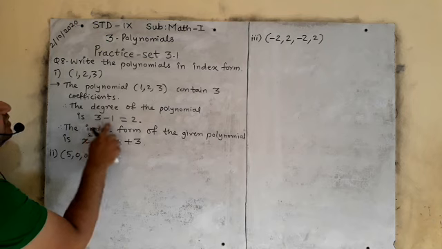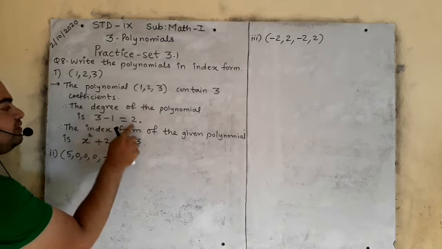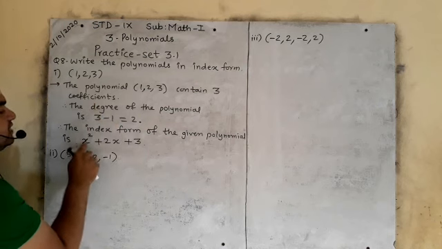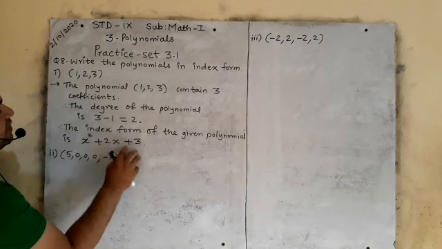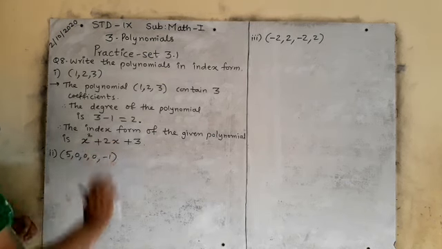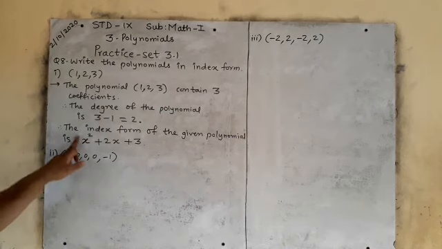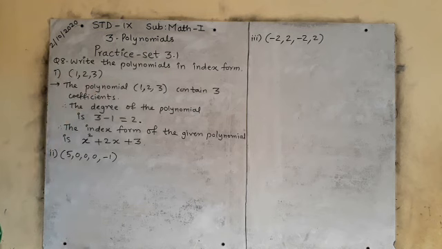Because there were 3 coefficients, and 3 minus 1 gives degree 2. So x raised to 2. The second coefficient is plus 2, x raised to 1. Plus 3. Is it clear? x raised to 2, x raised to 1, x raised to 0. So see, the coefficients are 1, 2 and 3. Is it clear?